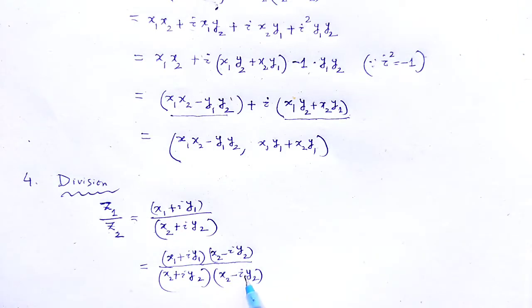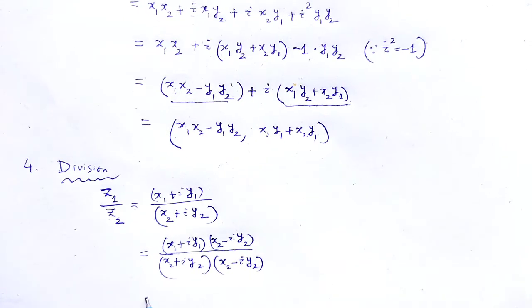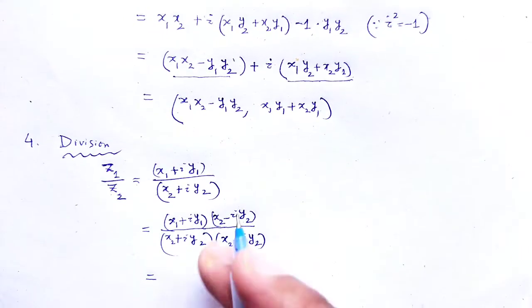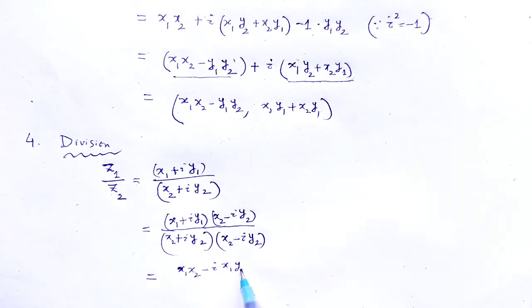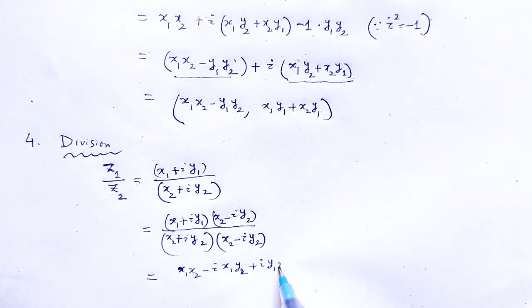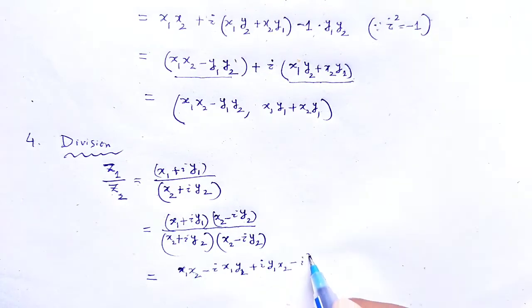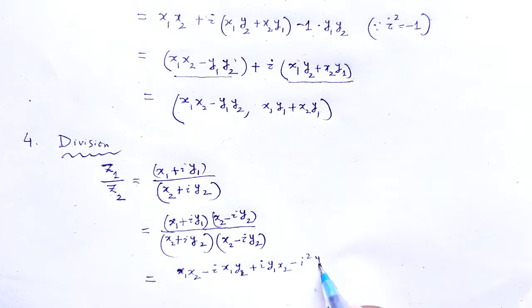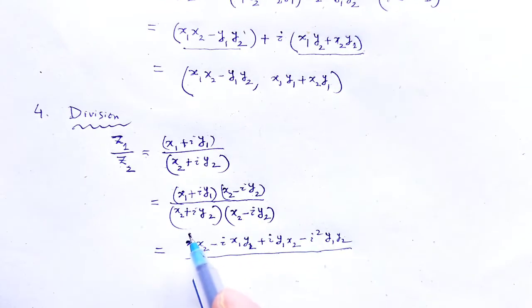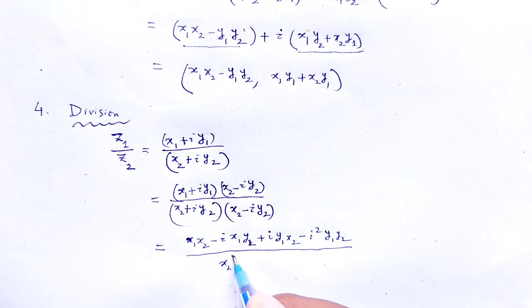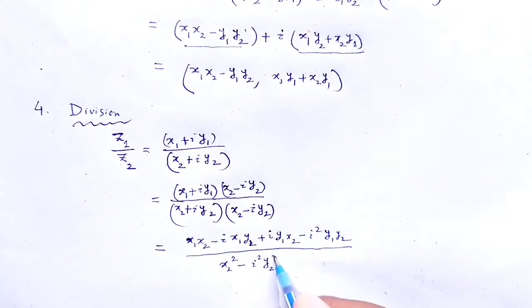In the numerator we have the multiplication x1 x2 minus i x1 y2 plus i y1 x2 minus i square y1 y2, divided by its multiplication in the denominator, x2 square minus i square y2 square.